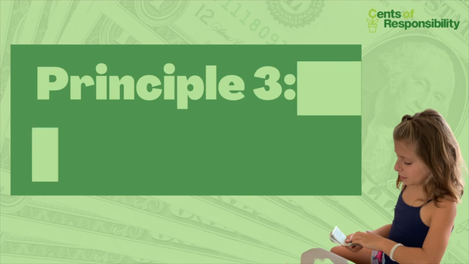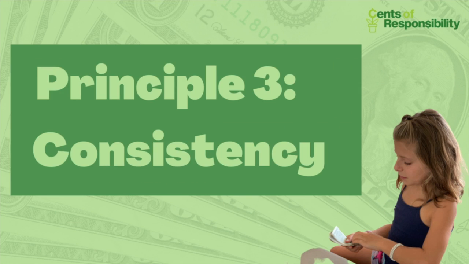That leads to the third component that you need to successfully teach your kids about money, and that's consistency. Anthony Robbins, the famed motivational speaker, once said, "It's not what we do once in a while that shapes our lives, it's what we do consistently." He couldn't have been more spot on.